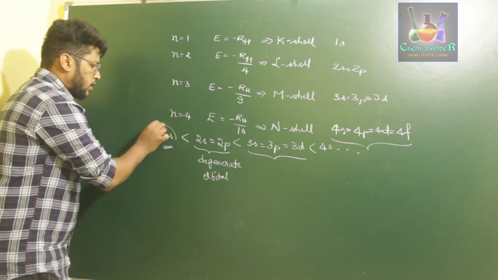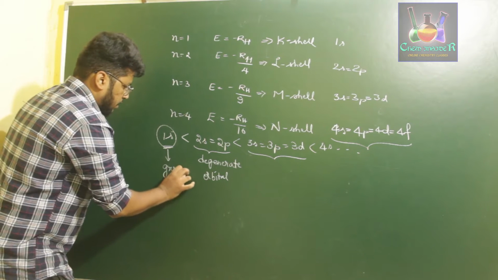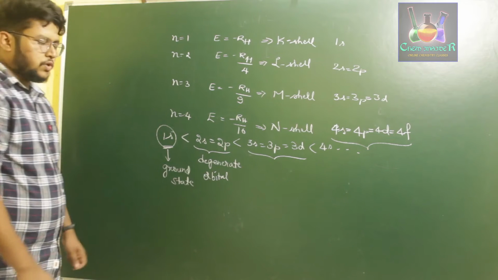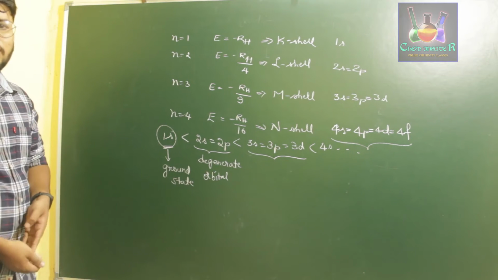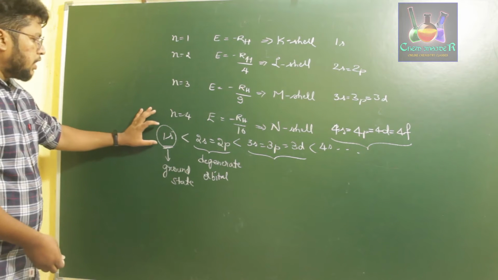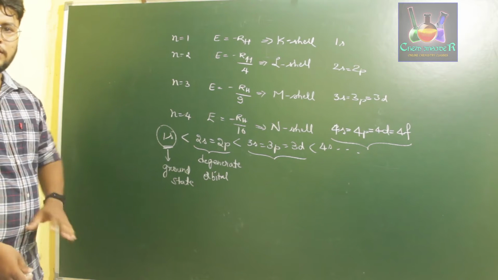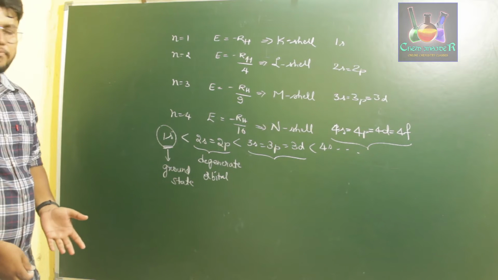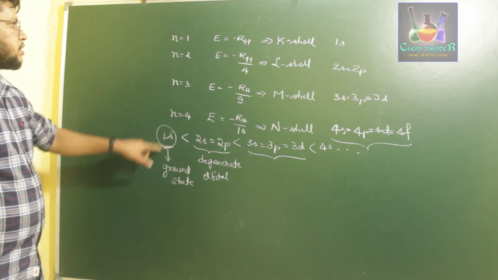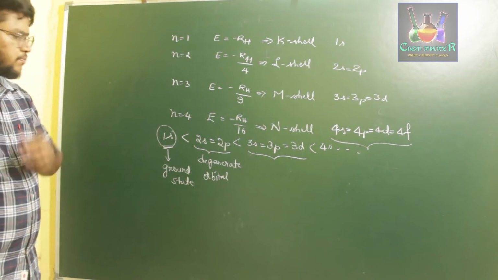Therefore this 1s orbital is called the ground state level, and the energy associated with it is called the ground state energy.